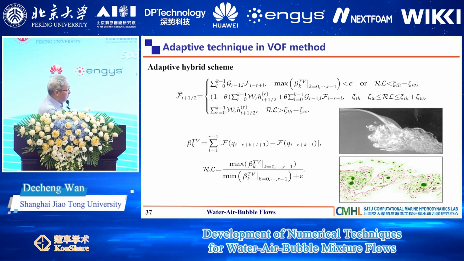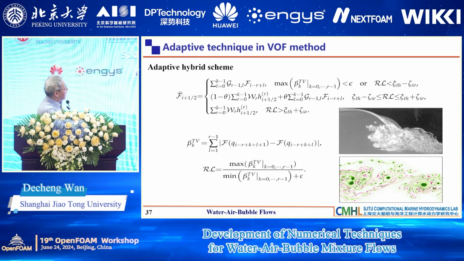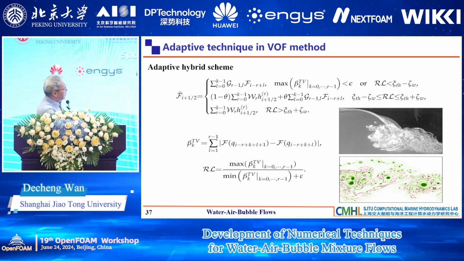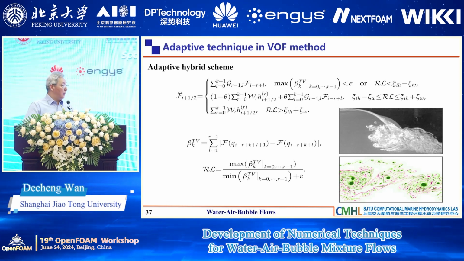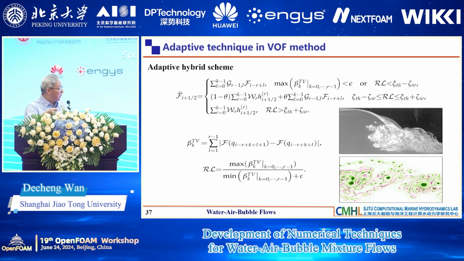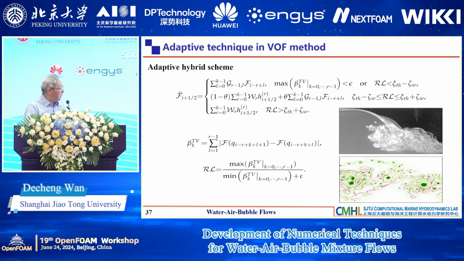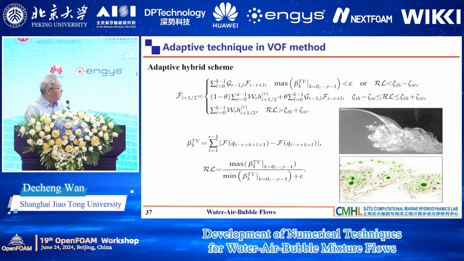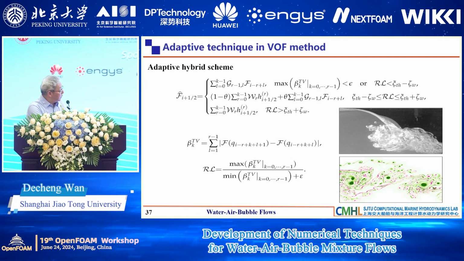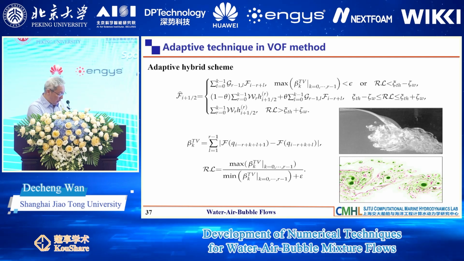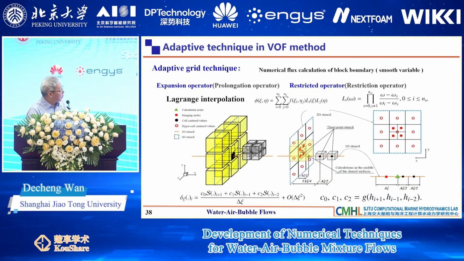You see, in a different region, we use a different scheme. If it does not change quickly, then we use a low accuracy scheme. If it changes quickly, we use a higher accuracy one.